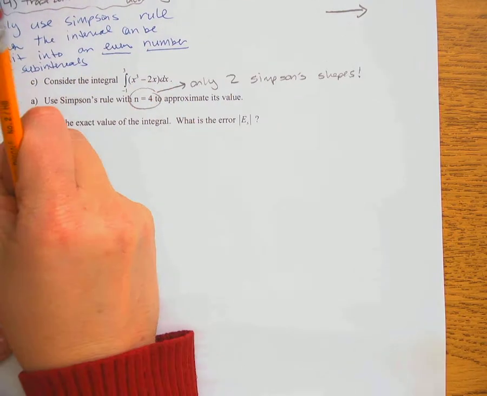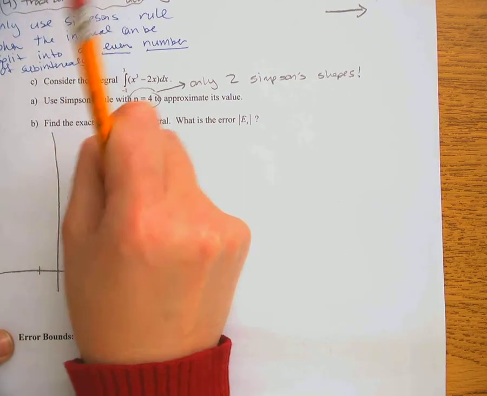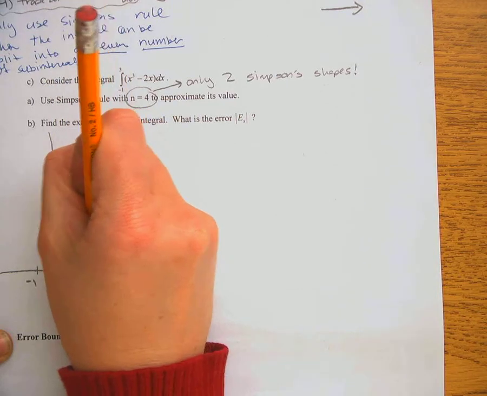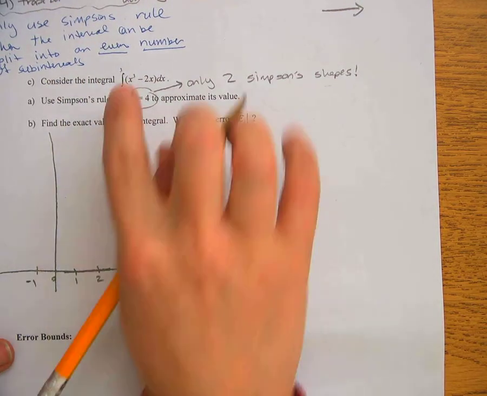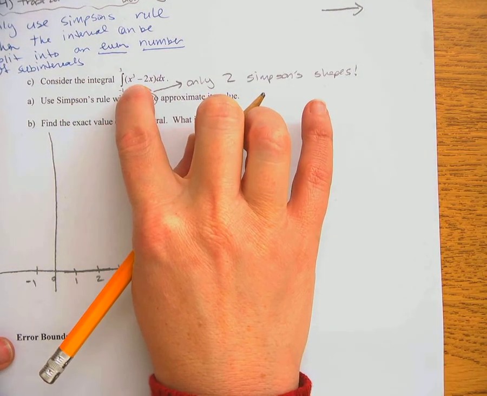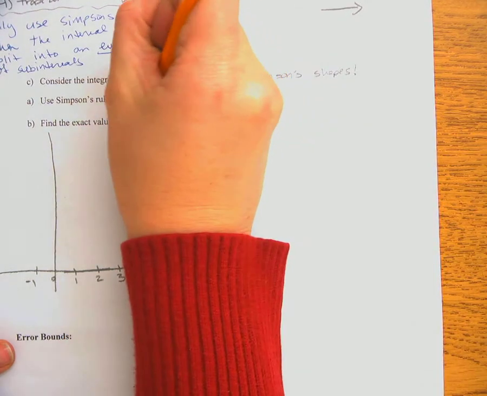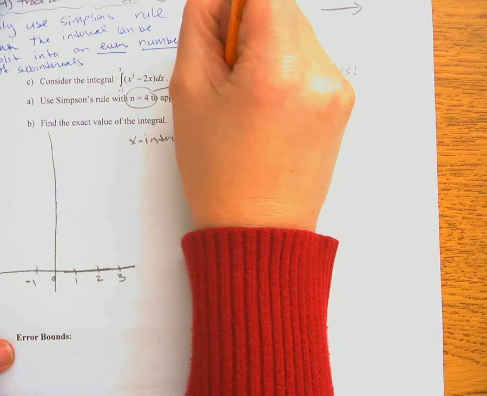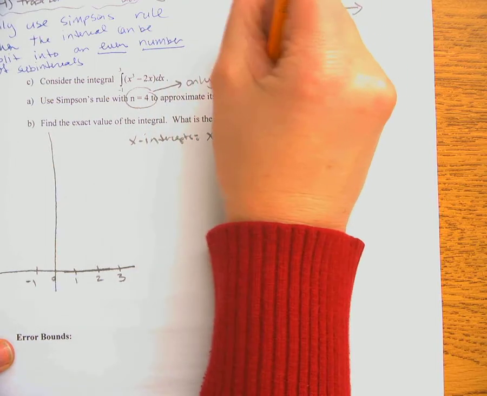And notice we're going from -1 to 3. So I think what I'll do is factor this to find the zeros, or the x-intercepts. I take out an x, and I've got x squared minus 2.